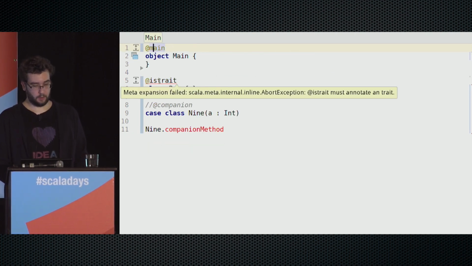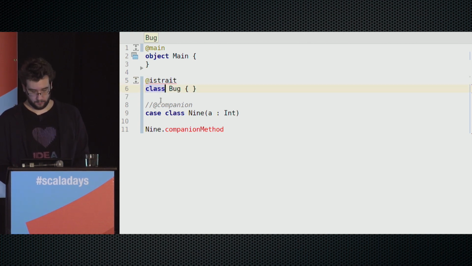Another useful feature is the ability to report errors from the annotation. As you can see, this annotation just determines if the thing is a trait or not, and if it's not a trait, it will supply you with an exception. But if I change it to a trait, the warning will go away. You see, pretty useful. Also, the extension methods will resolve now.